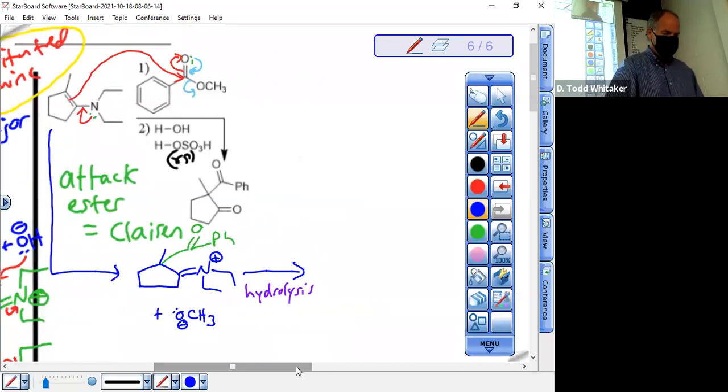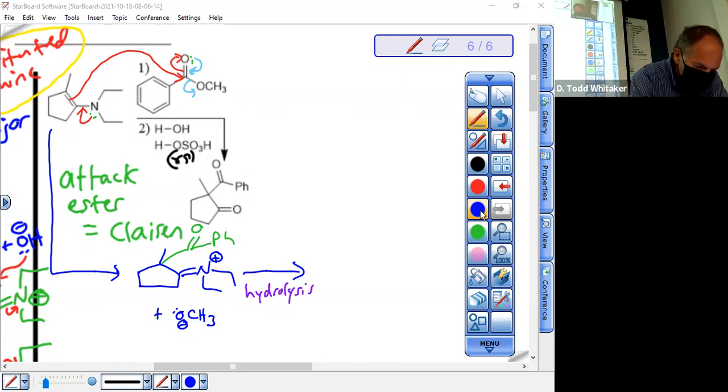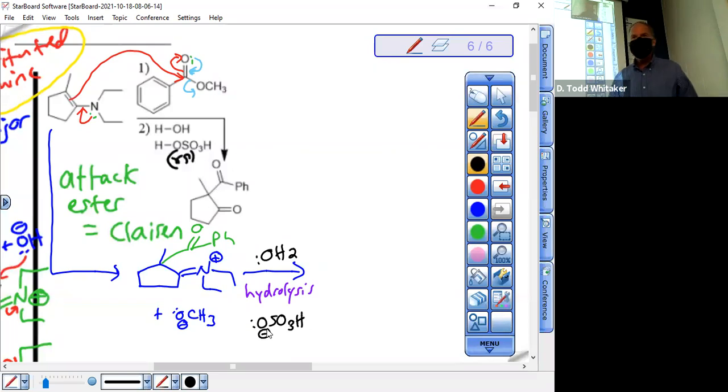Hydrolysis starts with water and sulfate ion, water and black. Some future sulfate ion. And at this time, sometimes a student will ask me, where'd sulfate come from?